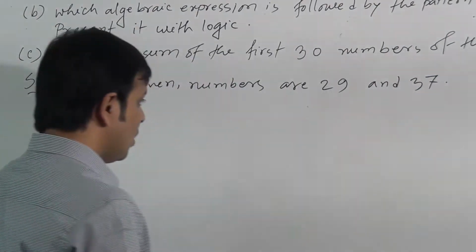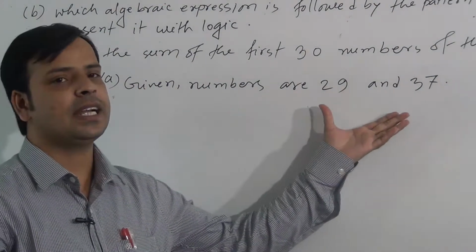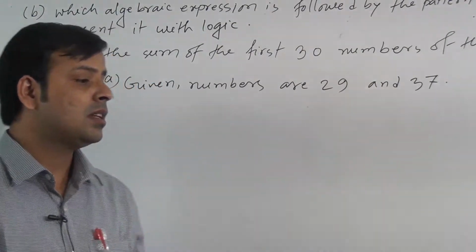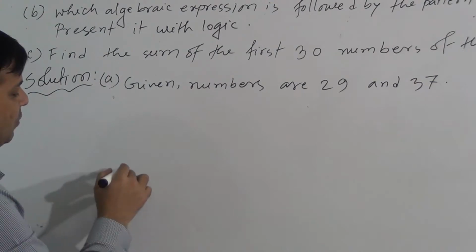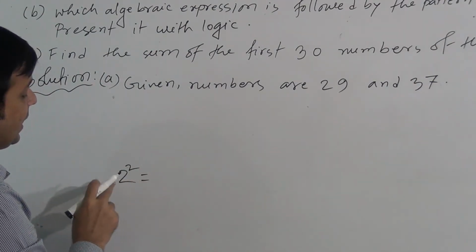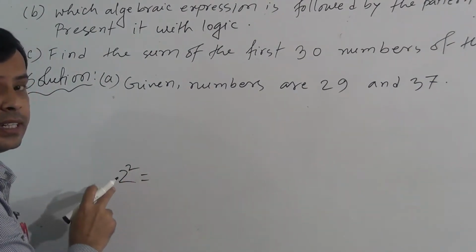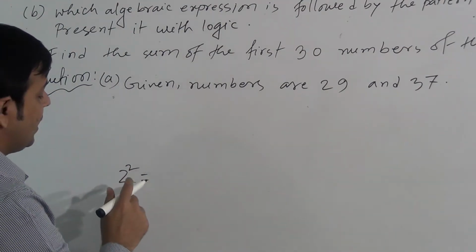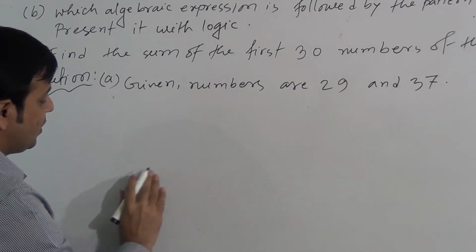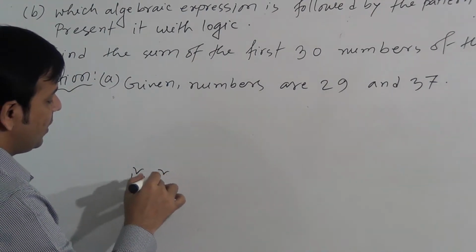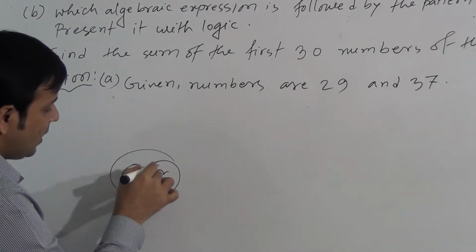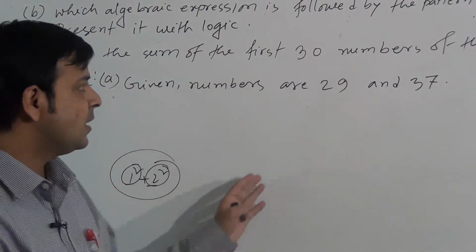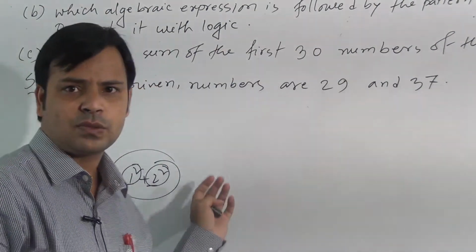Dear students, sum of 2 squares means, suppose here 2 is a number. If we give the square here, it means if its index is 2, then it is known as a square. So 2 square, and if we express a number like 1 square plus 2 square, this is a square and this is another square. It means sum of 2 squares. So we have to express these 2 numbers in this way.